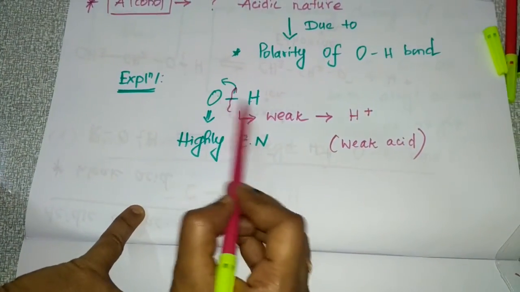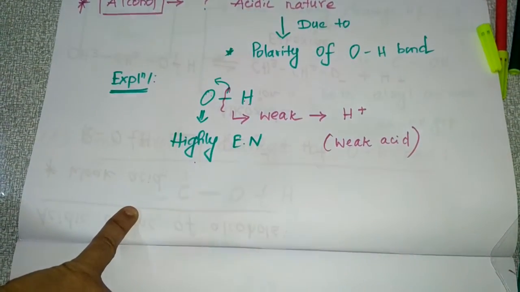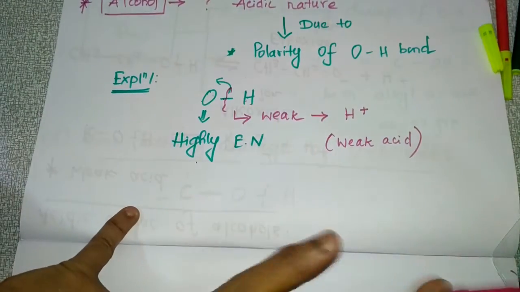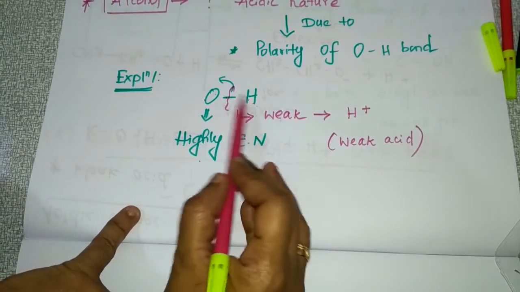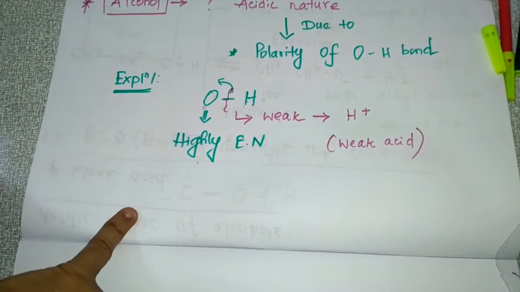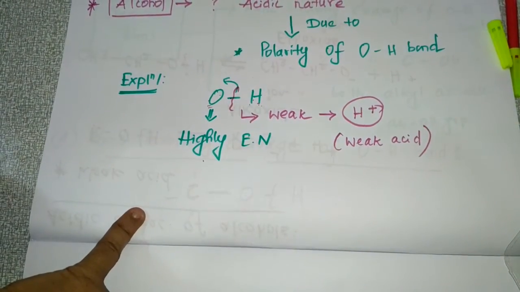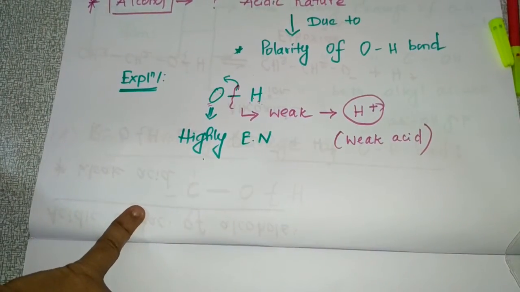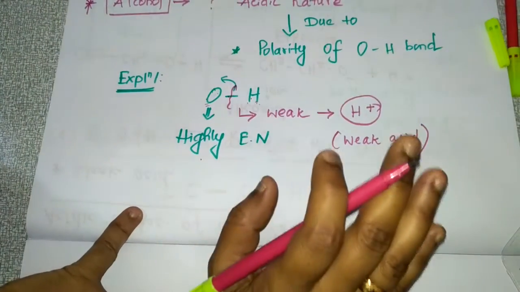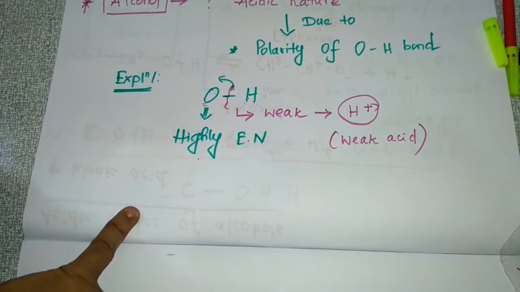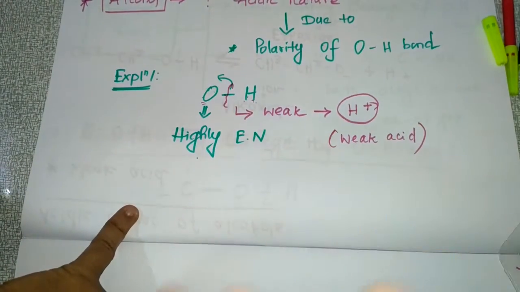Oxygen is highly electronegative, so it will take the shared pair of electrons towards itself. The bond between oxygen and hydrogen will become weak, and there will be release of H plus protons from this molecule. The release of protons is to a less extent only. Hence it behaves as a weak acid.